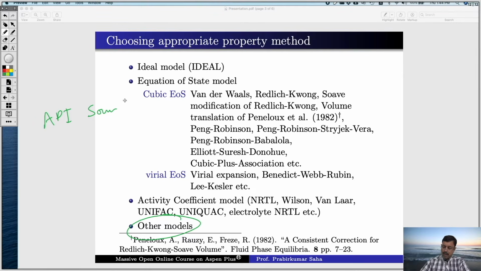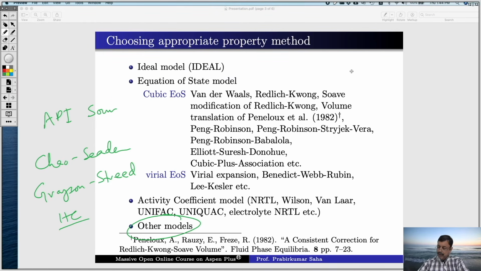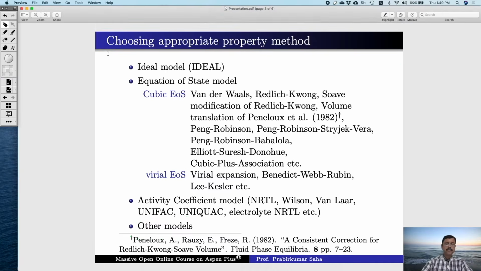And two popular models are the Chao-Seader model or the Grayson-Streed model. They are applicable for heavy hydrocarbons. There is also the Kent-Eisenberg model. They are used for amine sweetening units.